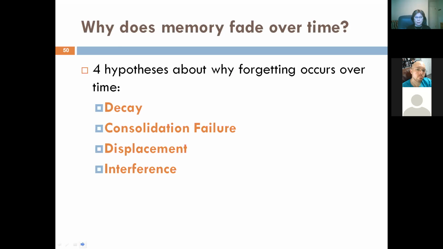Let's put it this way. All 4 seem to contribute, but probably the most obvious and most important for us is the interference theory of forgetting. Of course, there are exceptions. Certain things will help you remember things better than others.